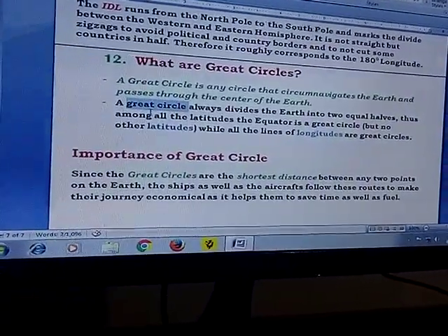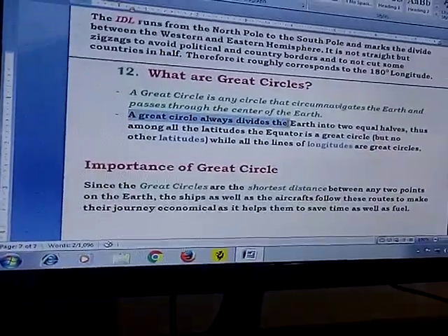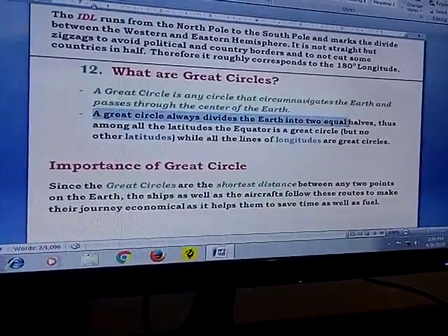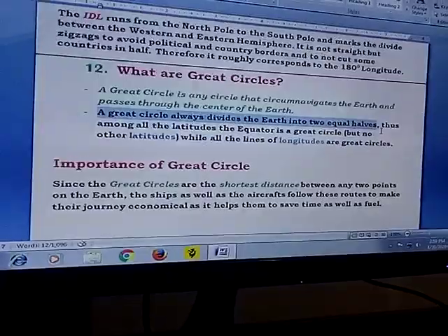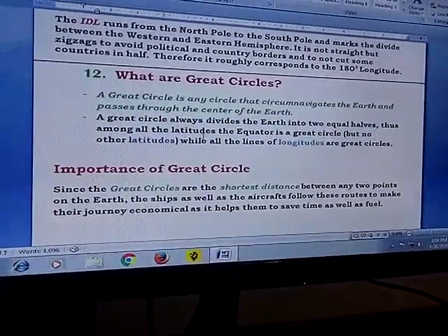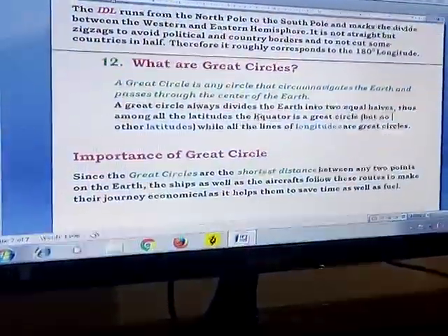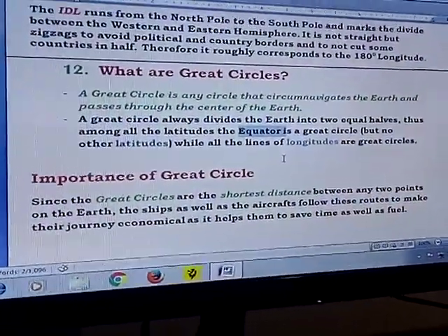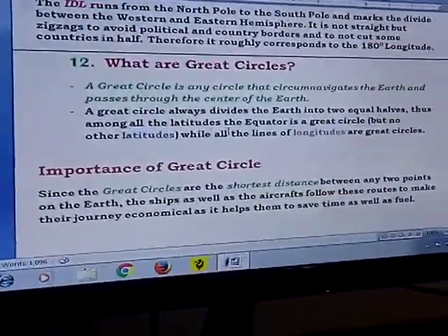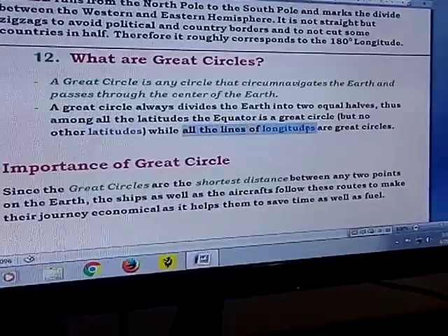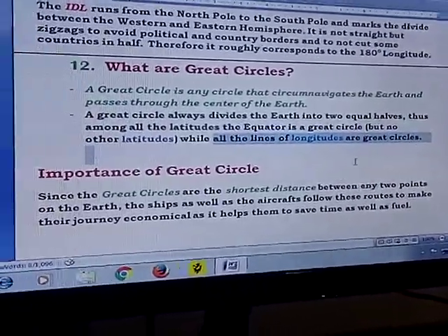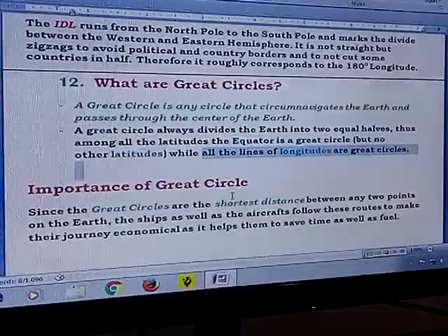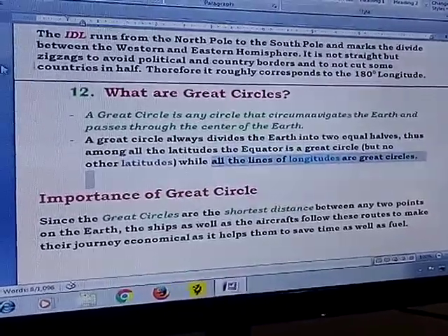Remember this point. Thus, among all the latitudes, the equator is the only great circle, whereas all the lines of longitude are part of great circles.